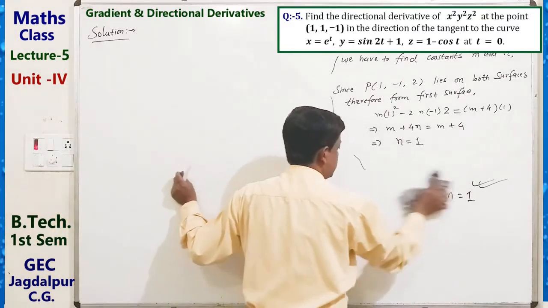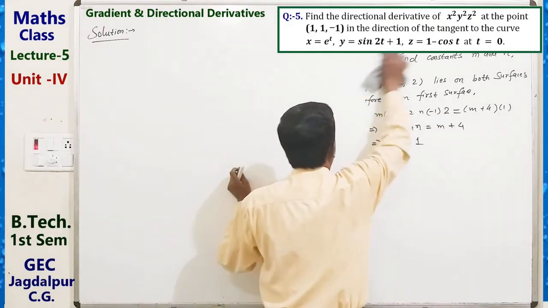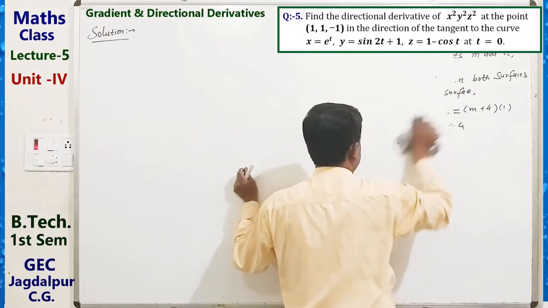Okay, so here given function is x square y square z square.